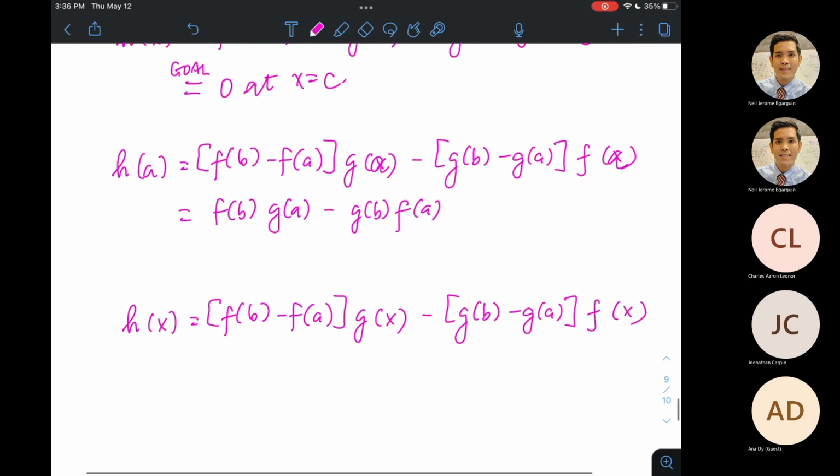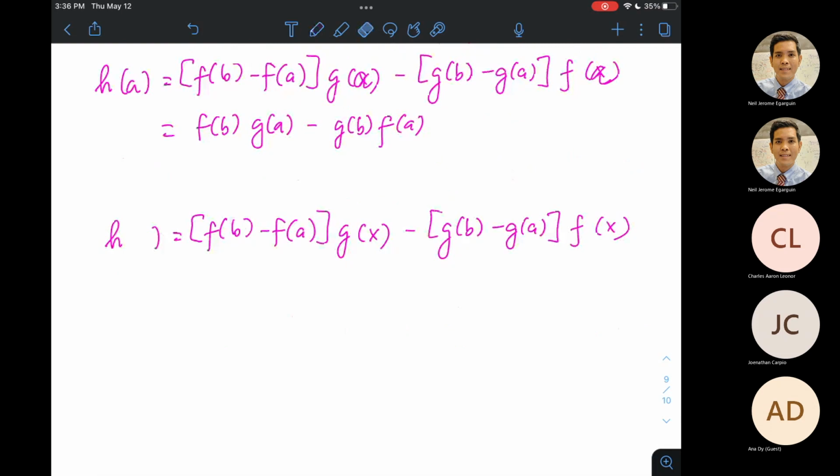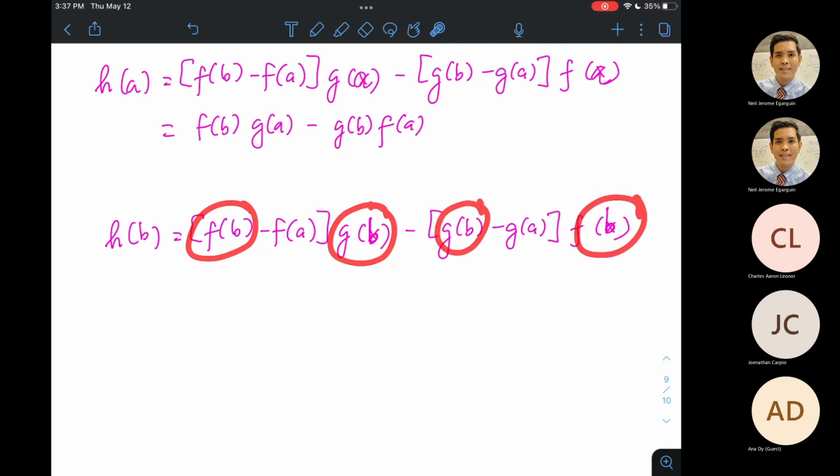Right? Tapos ulitin ko yan, pero ang ipa-plug in ko naman ngayon ay x equals b. And then let's see what terms will cancel each other out. Oh, meron akong f of b times g of b dito. Tapos meron akong g of b, f of b here, exactly the same, pero merong minus sign sa pagitan nila.